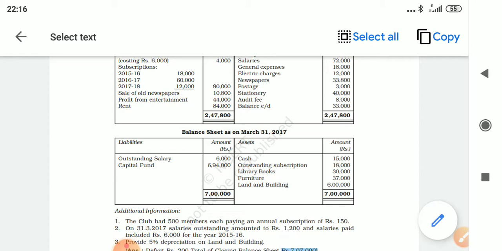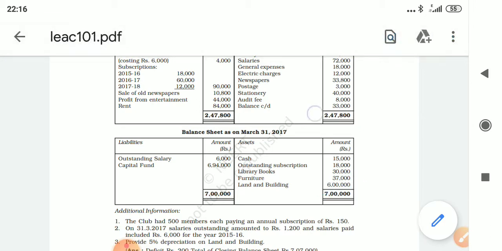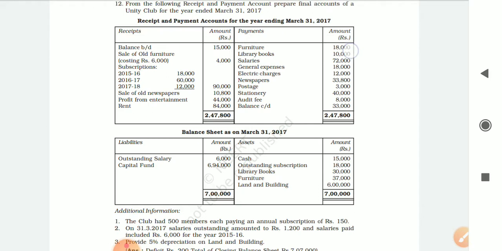So what we are supposed to do is opening balance of furniture 37,000 plus furniture purchased 18,000, minus furniture sold 6,000. This will appear in the asset side of current year's balance sheet.